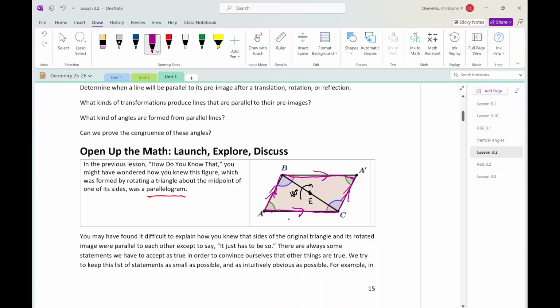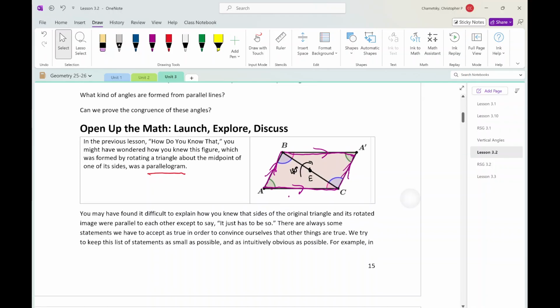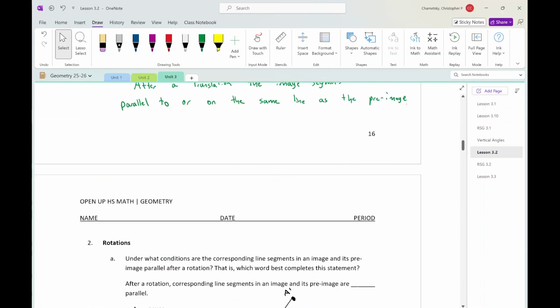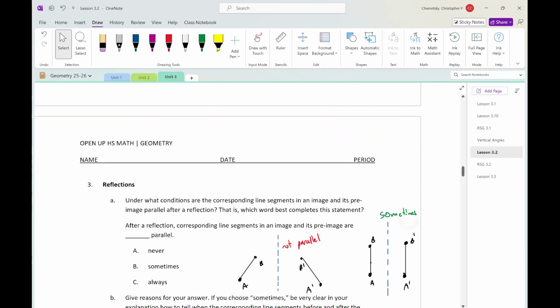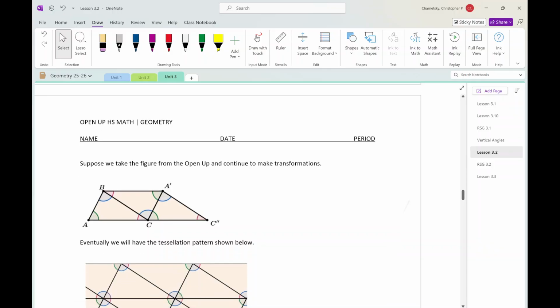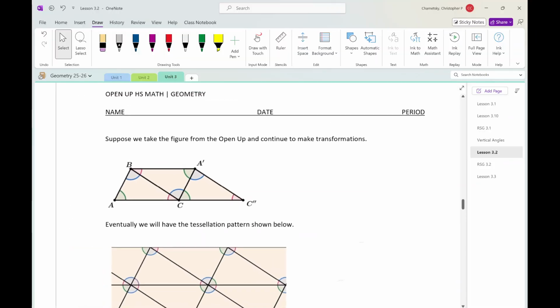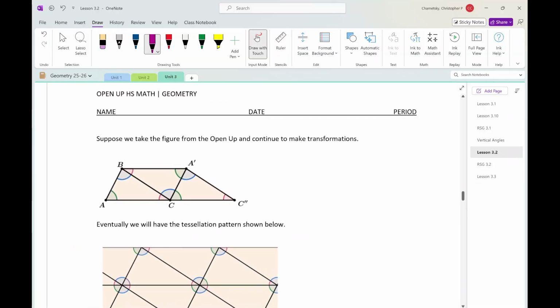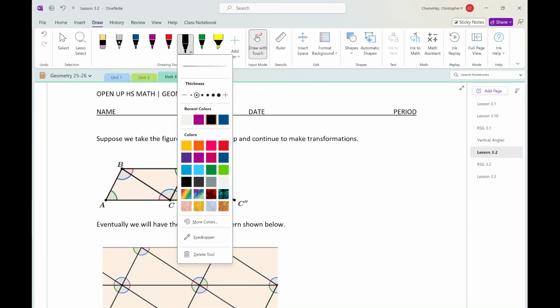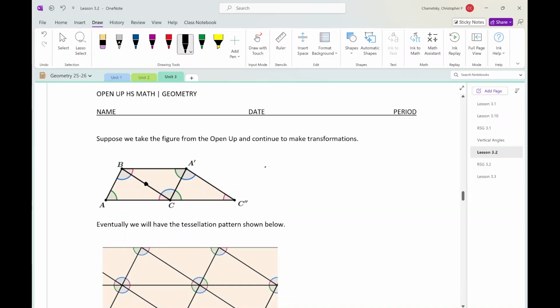So we know we're going to make a parallelogram after a 180 degree rotation. So let's see if we keep going. So if we were to rotate 180 degrees around that midpoint, we know we get that parallelogram there.